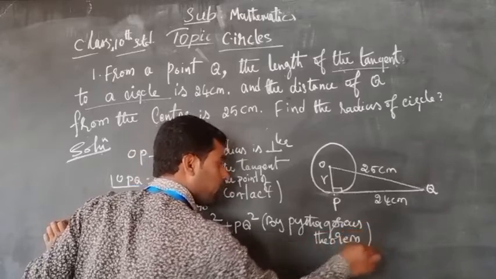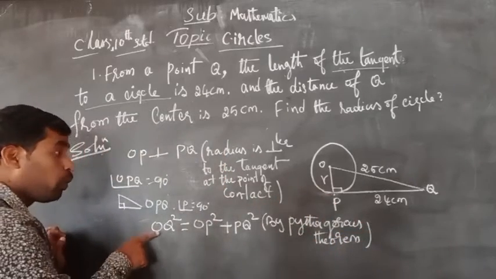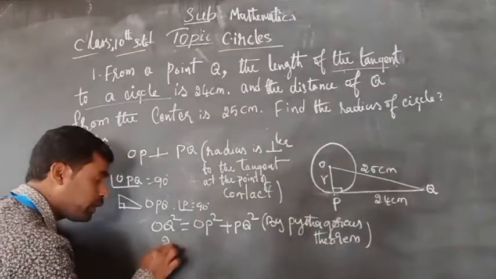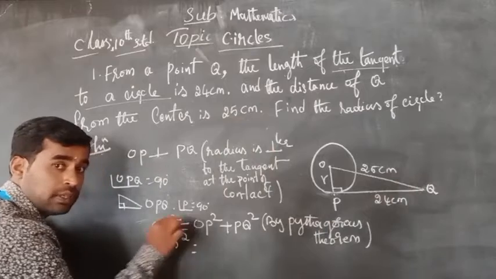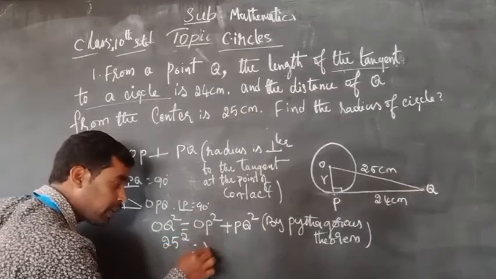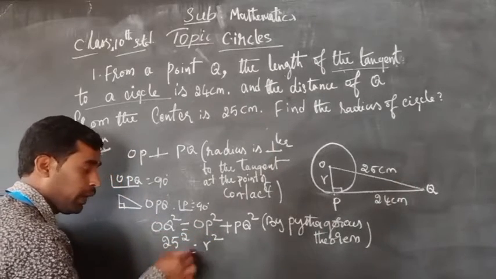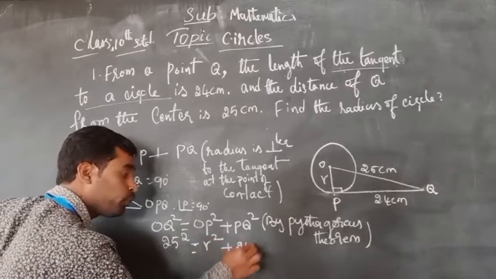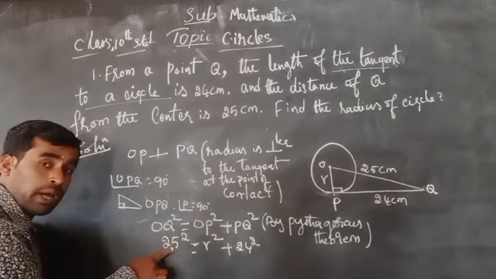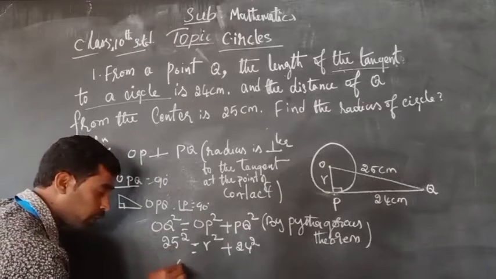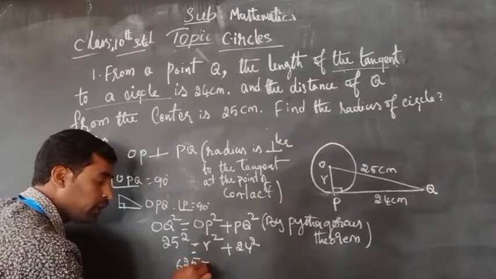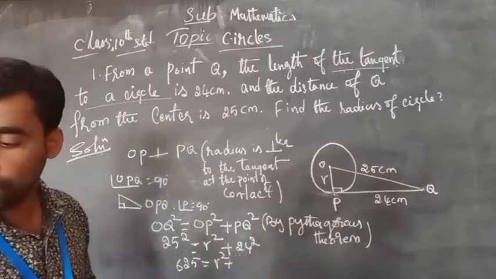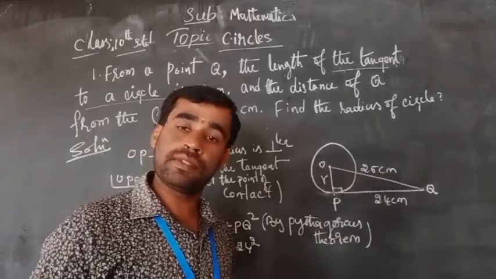Now, what is the length of OQ? 25 square is equal to OP, the radius, which we can represent as R square, plus PQ, which is 24 square. We know the value of 25 square is 625, equal to R square plus 24 square. The value of 24 square is 576.